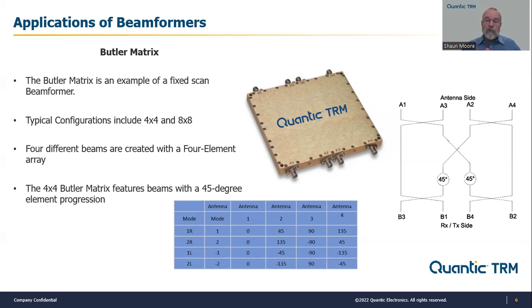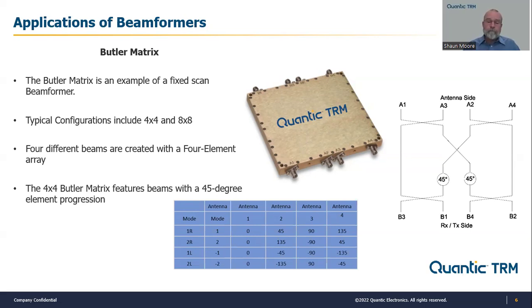However, from a power standpoint, these are far more efficient than any active array will ever be. And in addition, from a cost standpoint, these are far more cost effective. So as long as we can accept a fixed beam over an infinitely variable beam, a Butler matrix is a great solution for a wide variety of applications.